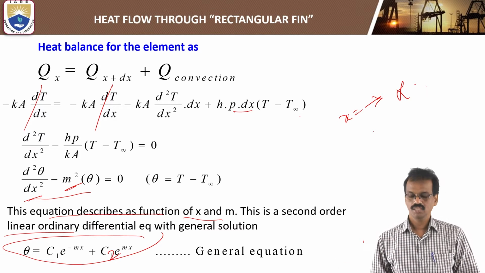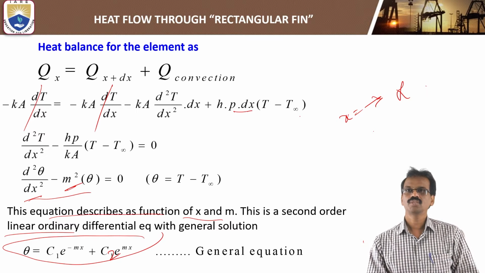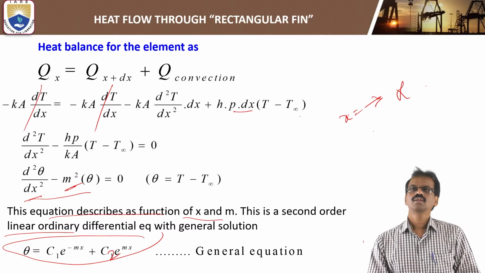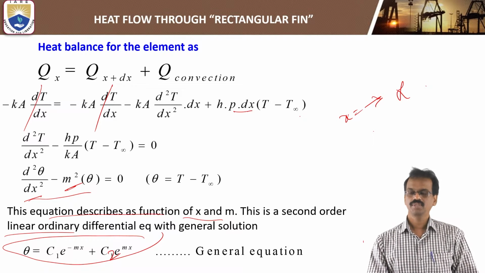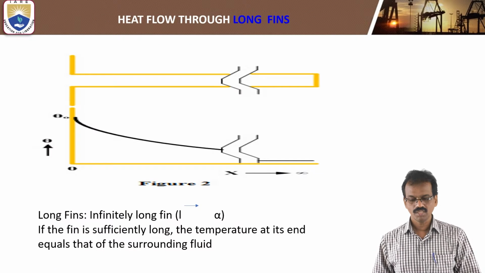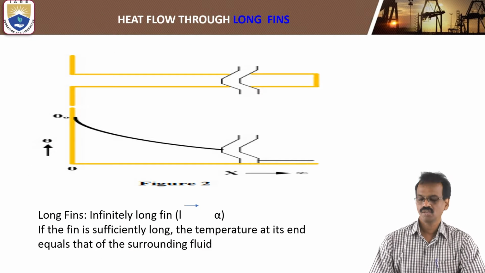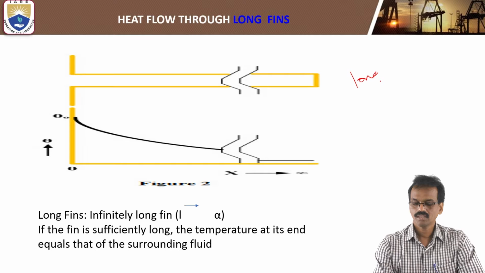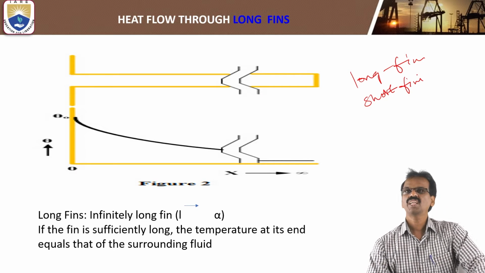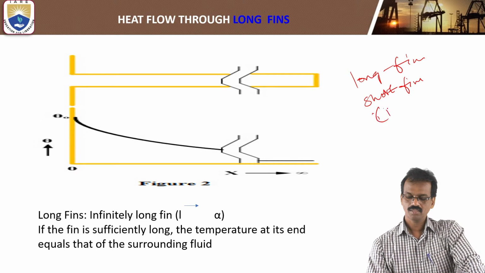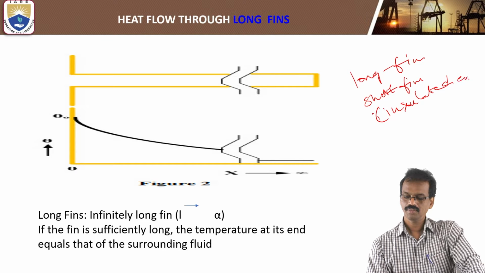And we'll see the short pin, and convection at the end of the pin. So three types of pins we will see. One is the long pin, another one is the short pin. Short pin is nothing but the insulated end pin.